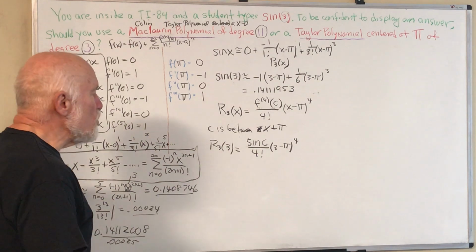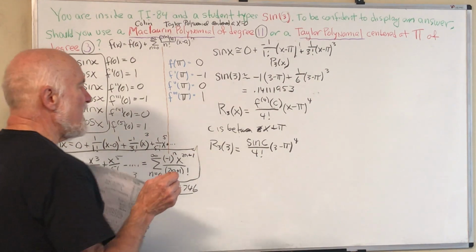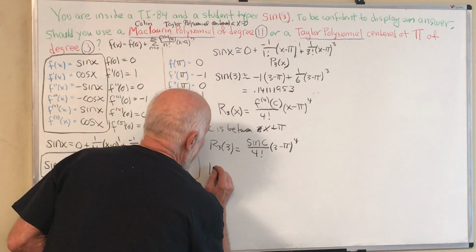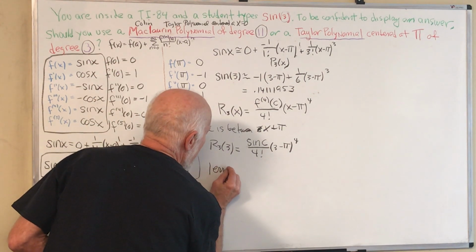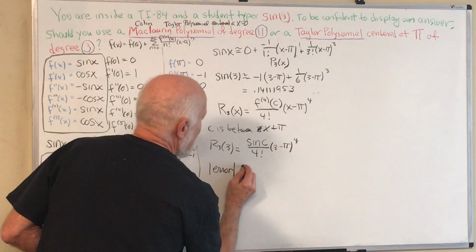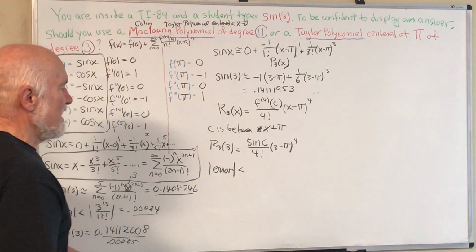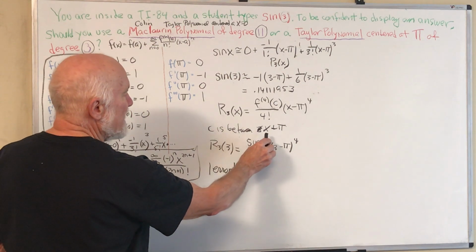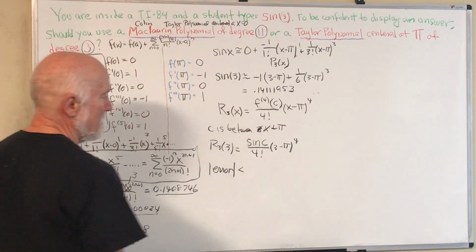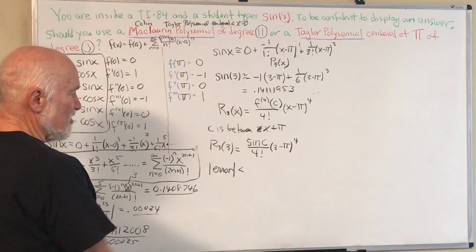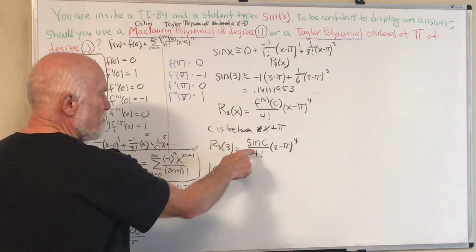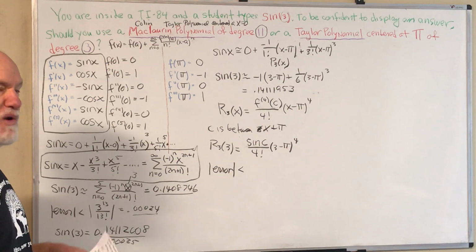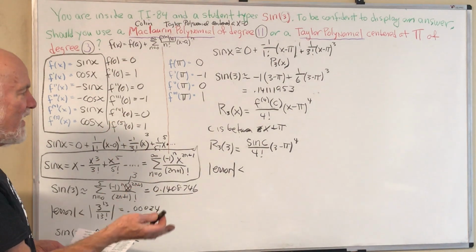So what we do is we put an error bound. This is the exact error. But we can say as an error bound that it's less than. We know that C is between 3 and pi. And the sine of pi is 0. So the worst possible case would be at the sine of 3. But we don't know what that is. That's what we're trying to find.